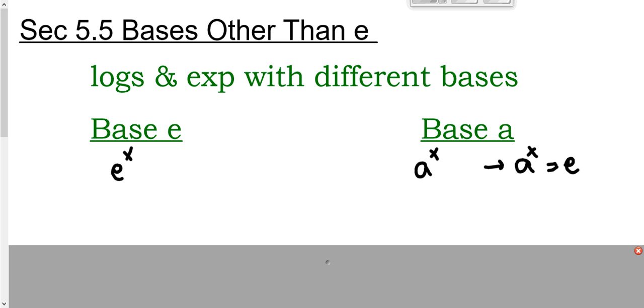E to the ln of a times x is kind of how you get that. So that's how we're going to develop our derivatives and integrals. So we'll use the same things as e to the x. We're just going to have this ln of a piece in there as well.